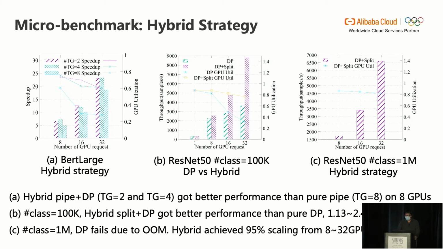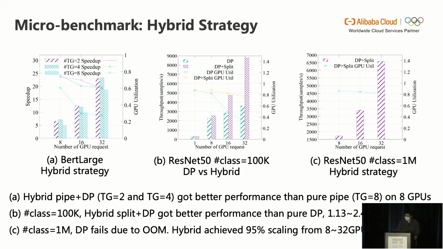We compare the hybrid result of 100,000 classes with data parallelism. As shown in the middle figure, hybrid parallelism outperforms data parallelism by 1.2x for 8 GPUs, 1.7x for 16 GPUs, and 2.4x for 32 GPUs in training throughput speedup.